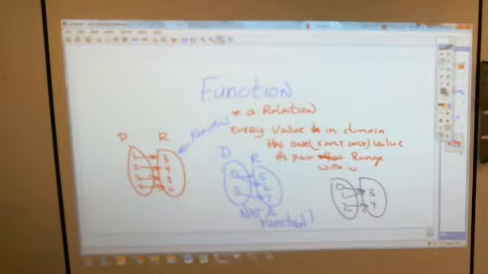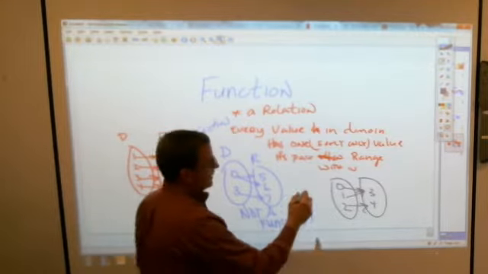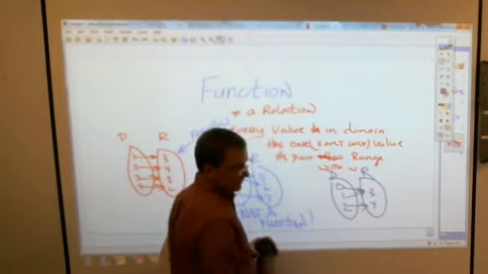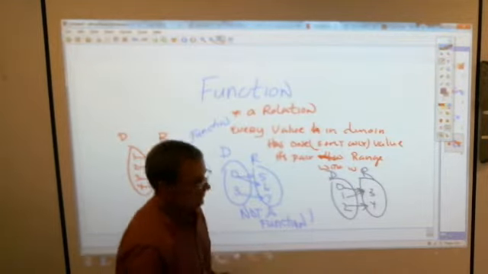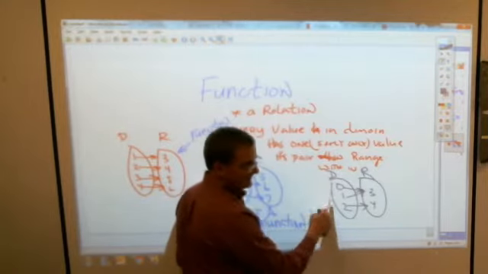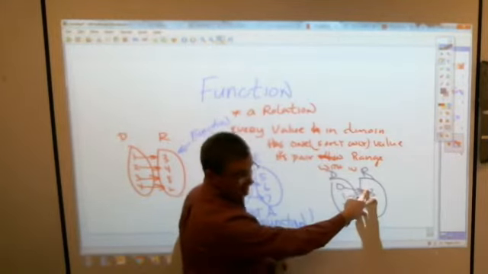Westfall? Function, yes or no? Reading the strict rule of what it says there, you just ask yourself, does every value in the domain just go to one value in the range? In other words, is there just one arrow coming off of every domain thing? Yes. It doesn't matter that they go to the same one.